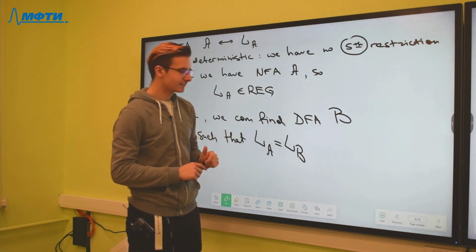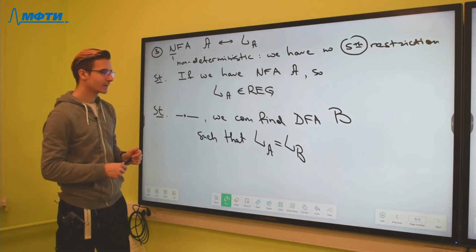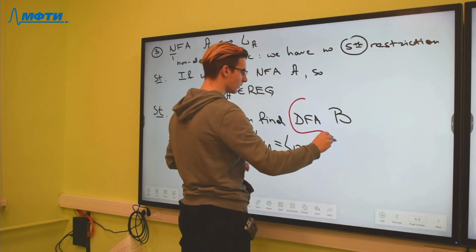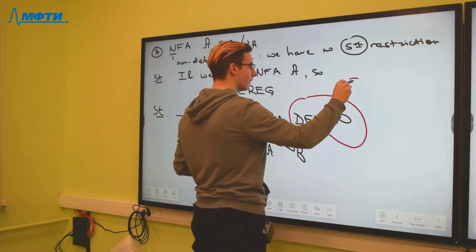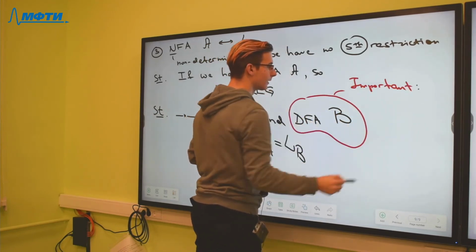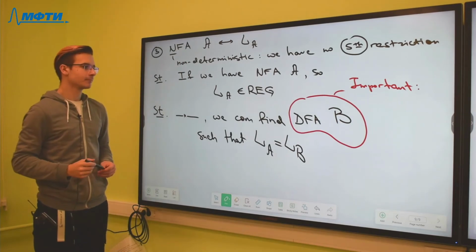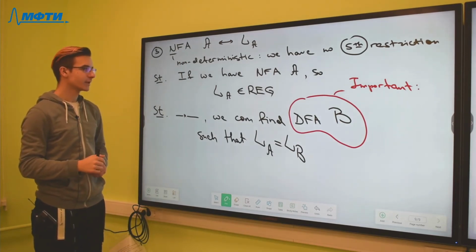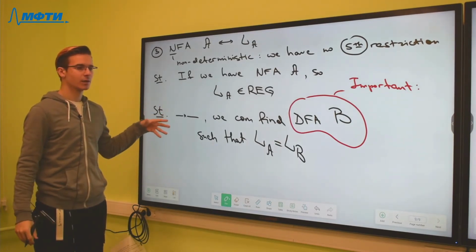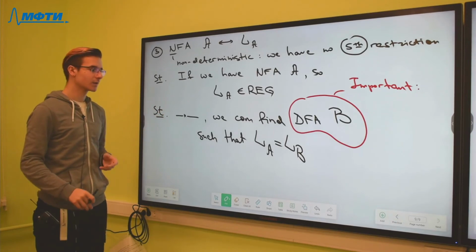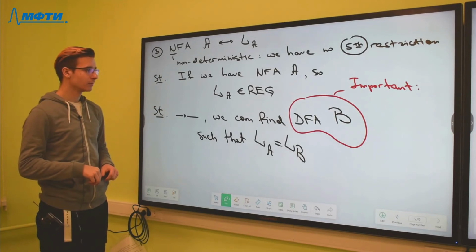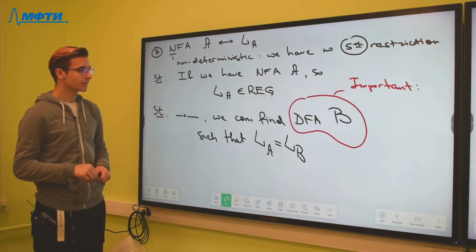But it is complicated. It is very usual for finite automatons that if we try to determinize some automaton that is not deterministic initially, we get a graph with an exponential number of vertices.